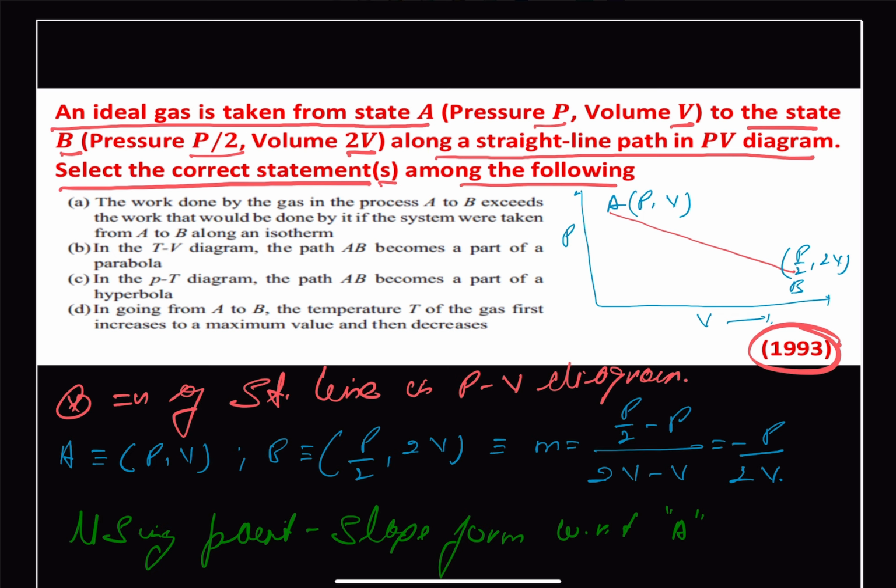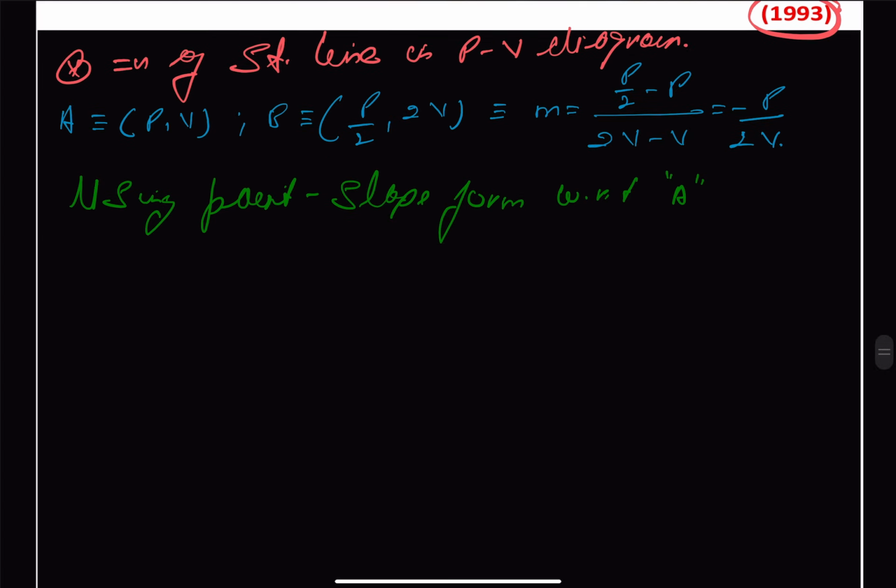Okay, let's make one of them dependent upon the other, and that is going to help. So we can say that P minus P naught will be equal to m times V minus V naught.